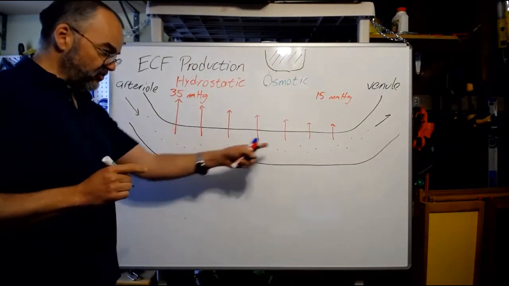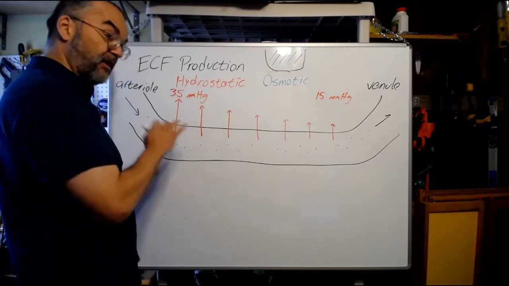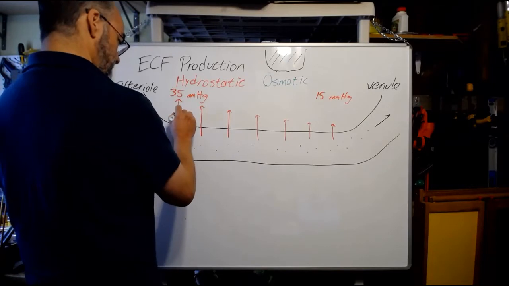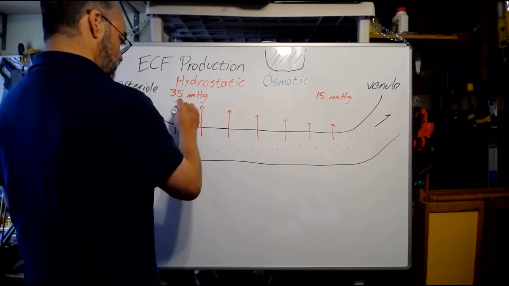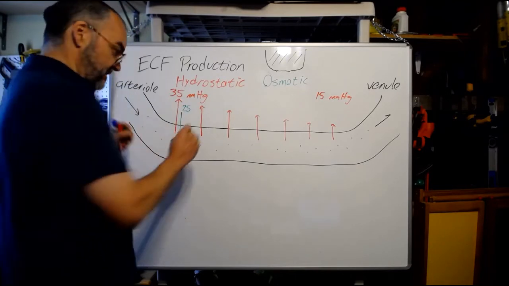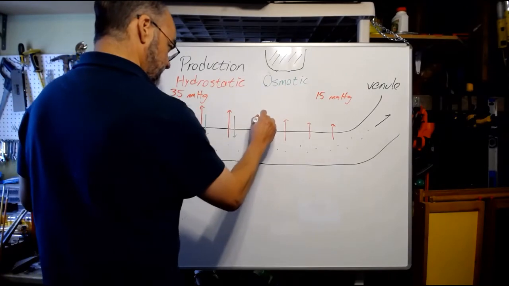The concentration of those proteins doesn't change very much over the length of the capillary, which means the osmotic forces aren't going to change very much either. They're about 25 millimeters of mercury going in, pulling water in. And that's going to stay fairly constant.